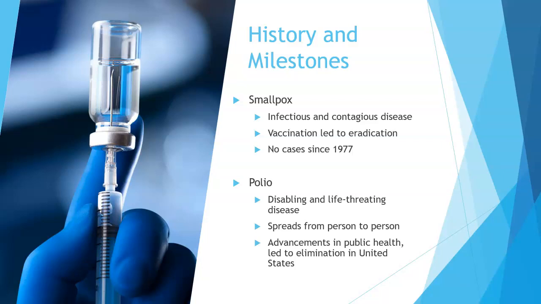Thanks to public health and vaccination advancements, wild poliovirus has been eliminated in the United States. A vaccination effort worldwide has led to only a few cases occurring worldwide in recent years. However, polio still spreads within areas with low vaccination rates.